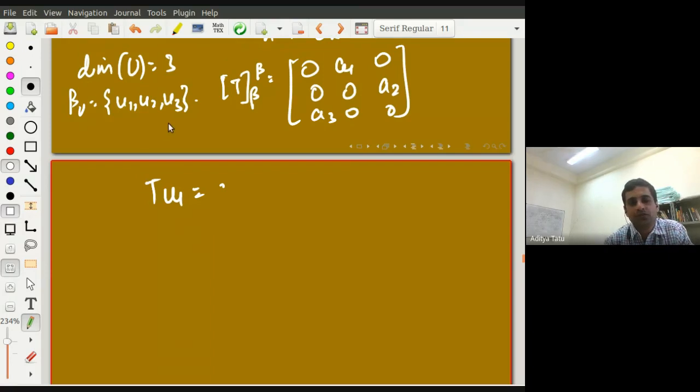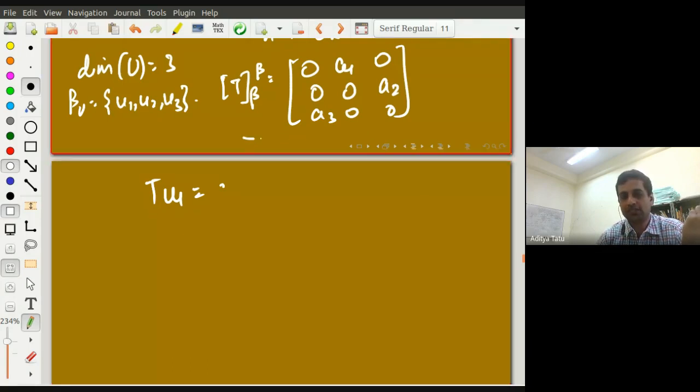See, U1, U2, U3 are vectors from that vector space, right? They are not matrices. Don't think of these as matrices. I want to use this matrix as a way to understand the linear transformation T. So if I apply T to U1, where this is what is given to you, can you answer this question? What is TU1?